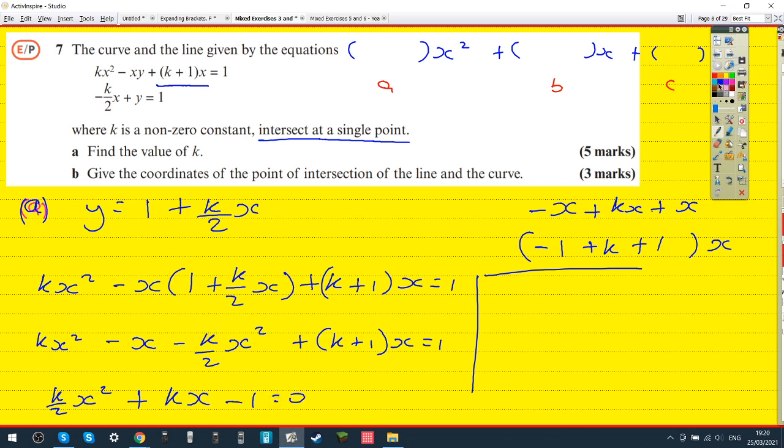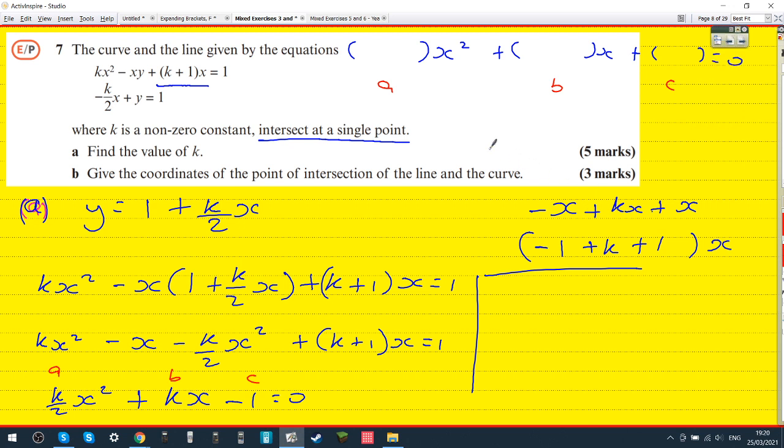Okay, do you remember discriminant? I think so. Find the discriminant for this in terms of k. What do you mean, like a, b, c? Yep. So a is k over 2, b is k, and c is minus 1.